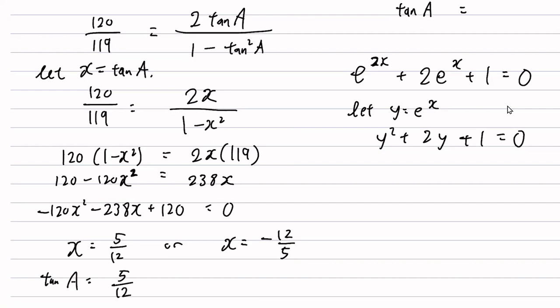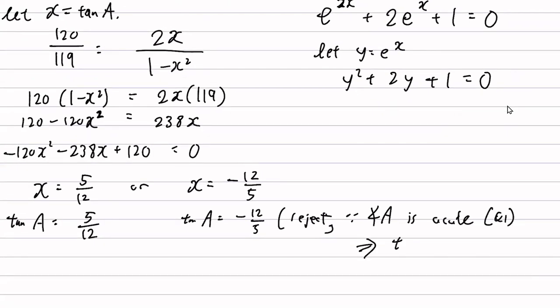Reject the right. Why? Negative. Well, is it because it's negative then you just reject? No. Then what's the reason? Because angle A is acute, therefore quadrant 1, therefore should be positive.